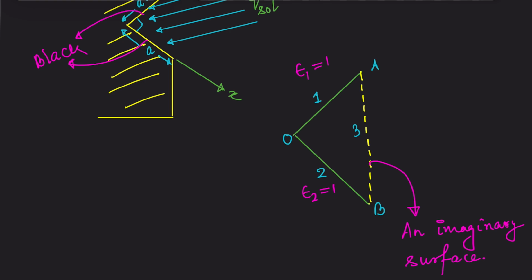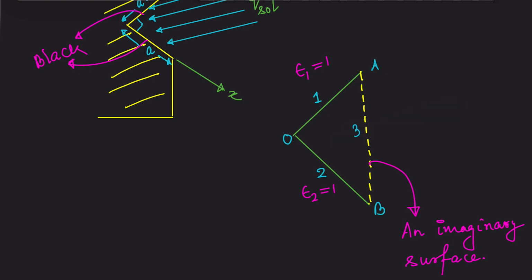Clear? Now my question is, what should be the properties of surface 3? See, one thing is clear, if you think very intuitively, if any radiation energy is going out from the groove, I am not saying that there is a wall or anything that can reflect this energy back to the groove.